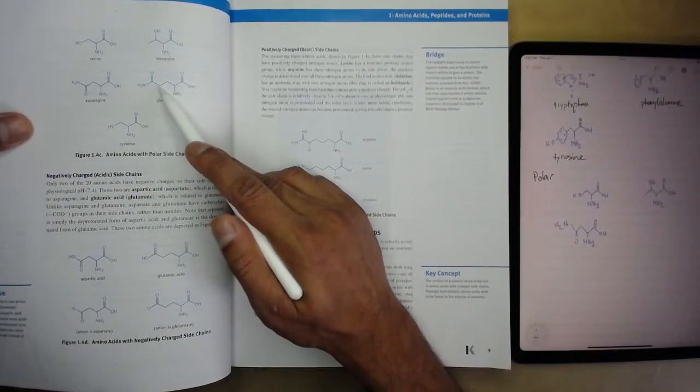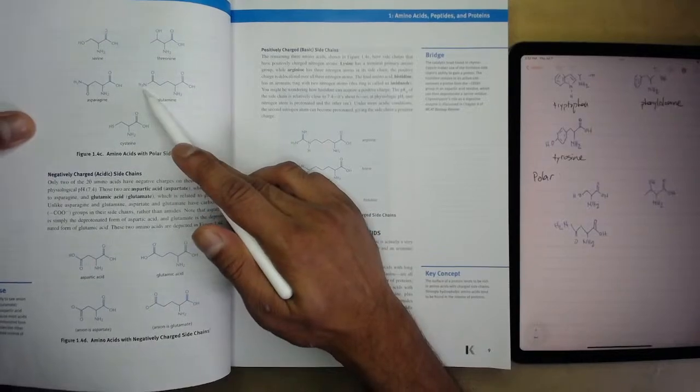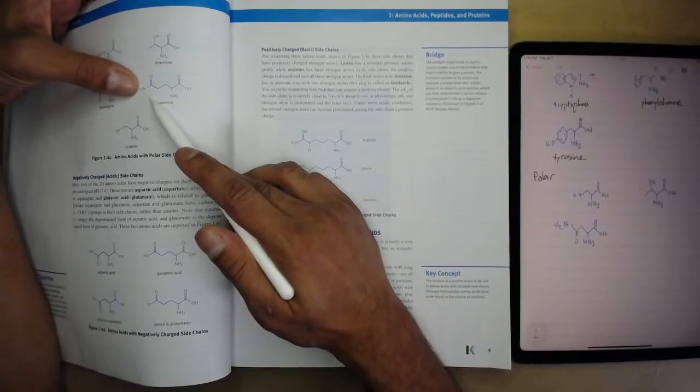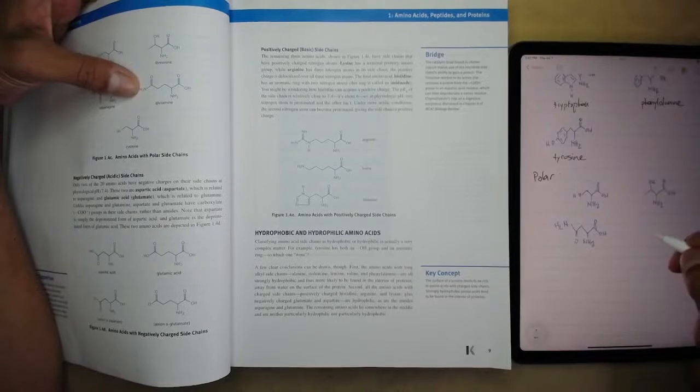So 1, 2 carbons, and then a carbonyl, and then the amide.